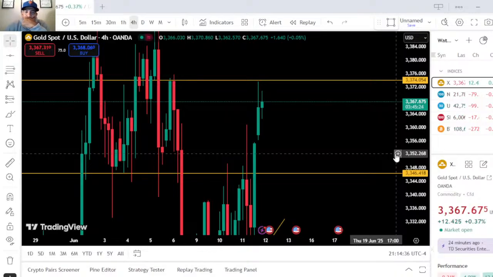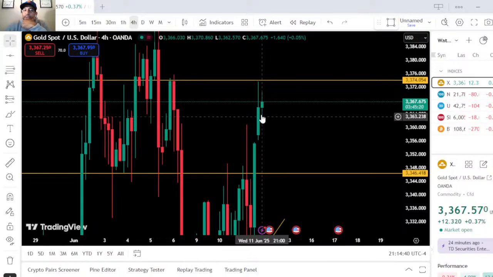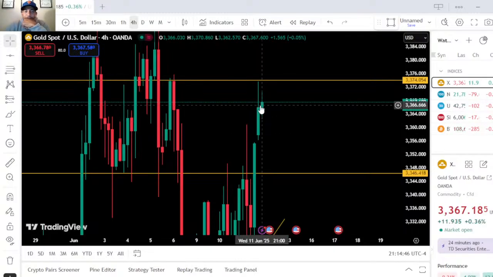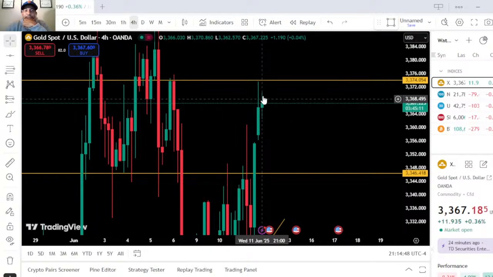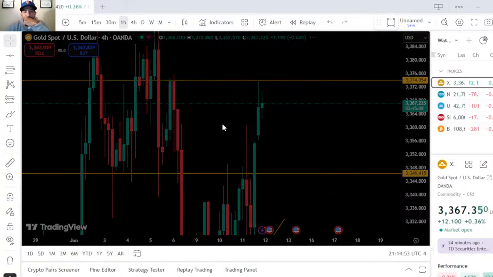I think I might wait on this. I personally prefer a steeper wick, so I want gold to come down more here. But let's see. Made this high here. Now it's starting to come down a little bit here, so that's a good thing.